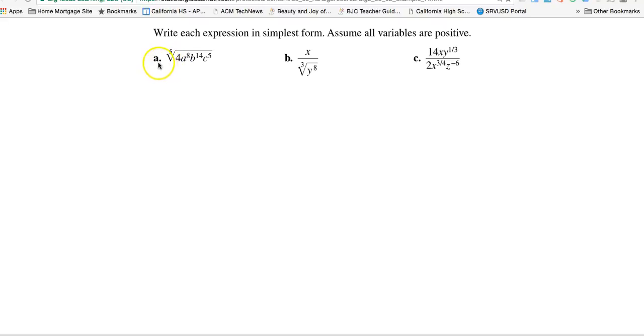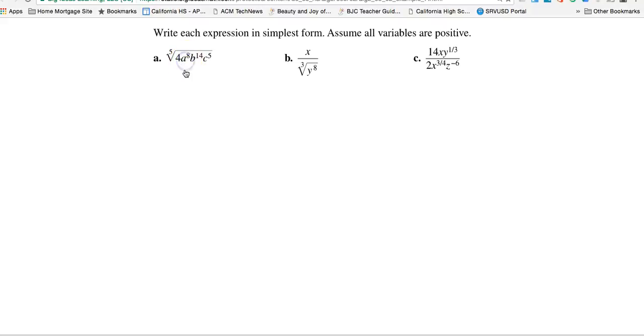So when we look at part A, we've got 4, and then we've got a to the 8th power, which means we have 8 a's. We have b to the 14th power, which means 14 b's, and c to the 5th. So the factors that are going to be perfect fifth roots are all exponents that are multiples of 5.